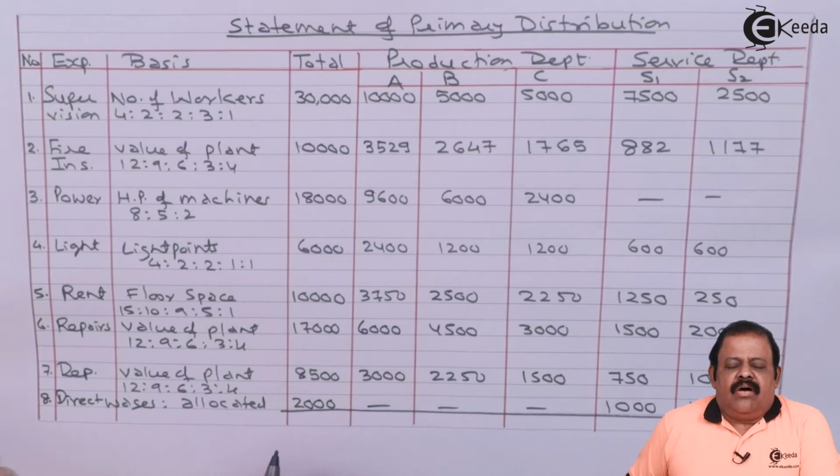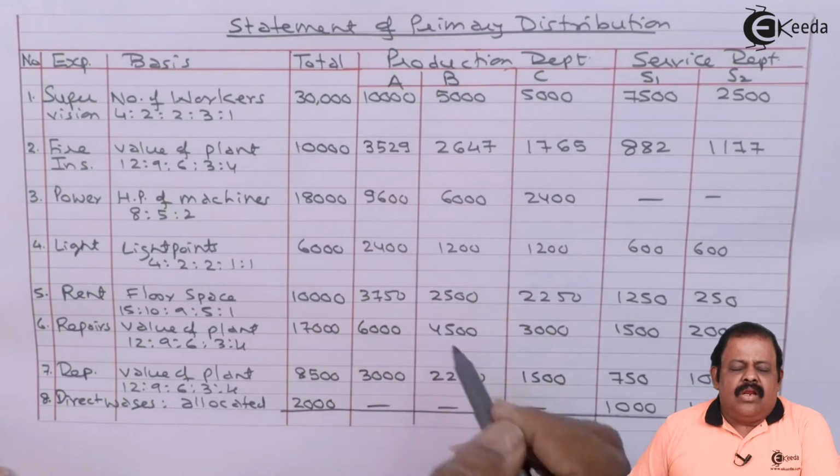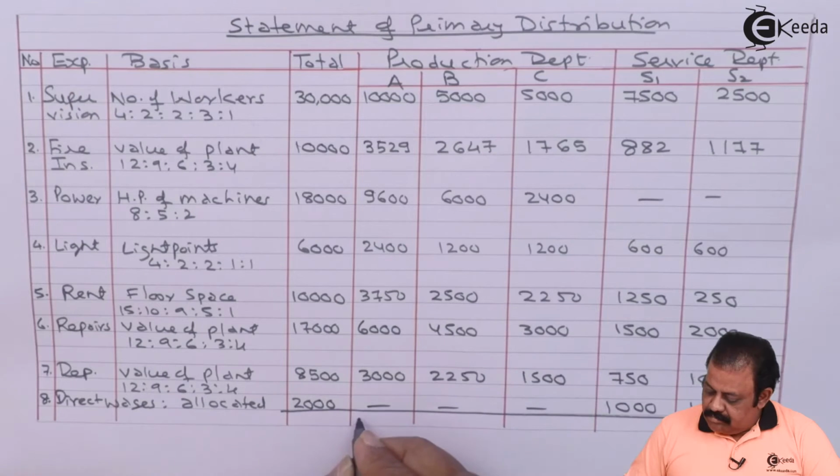We have divided all expenses on an equitable basis. Now let us add all columns to arrive at the overheads of each department.